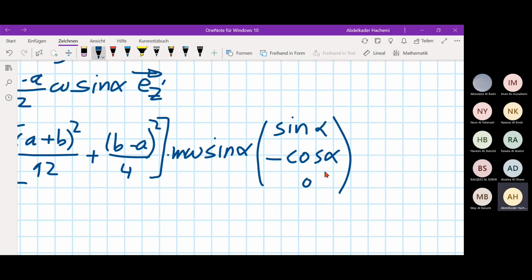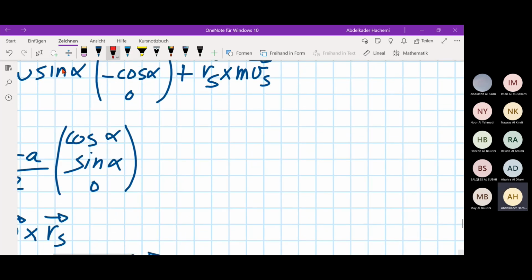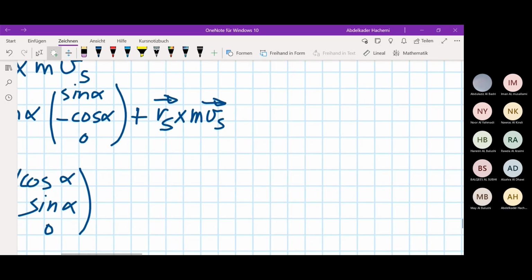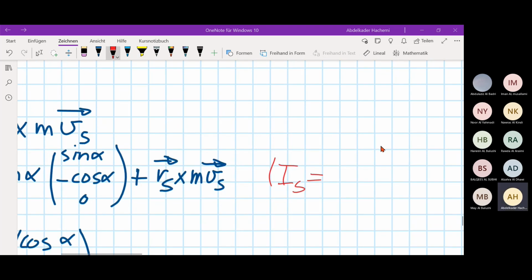Okay, I write here that, as we have seen in the lecture, that it's only a plus b square divided by 12 multiplied by m.